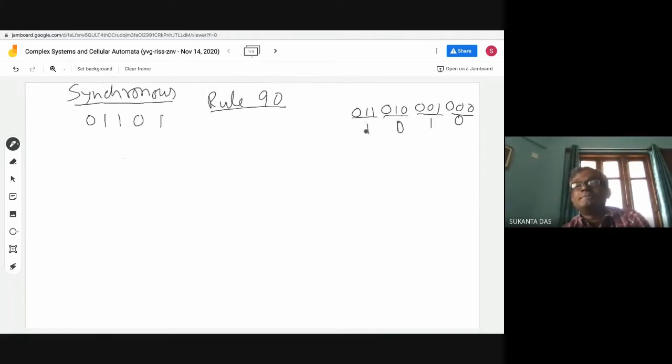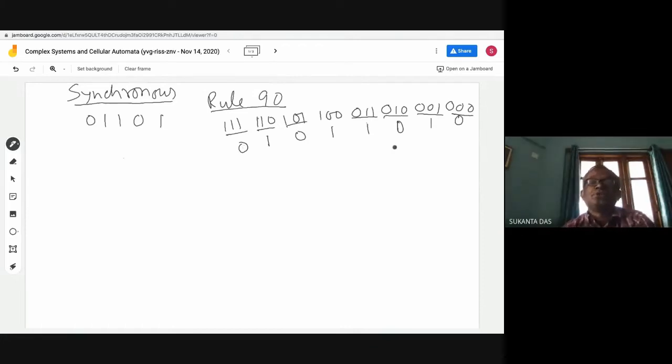Then 1, 0, 0 will be 1. 1, 0, 1 will be 0. Then 1, 1, 0 will be again 1, and 1, 1, 1 will be 0. This is rule 90. So I shall use this rule, right?